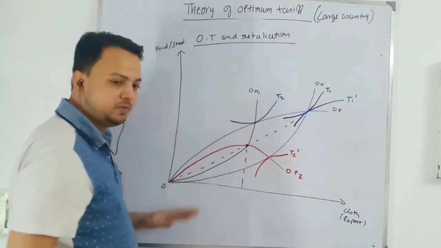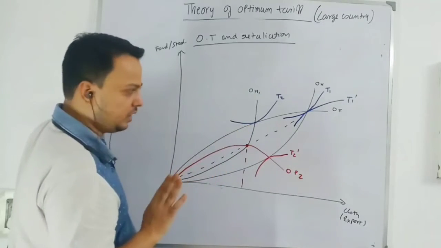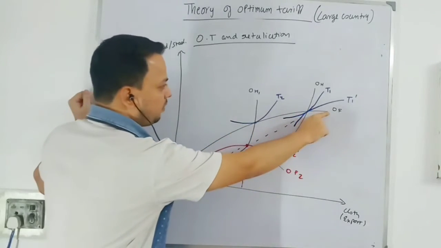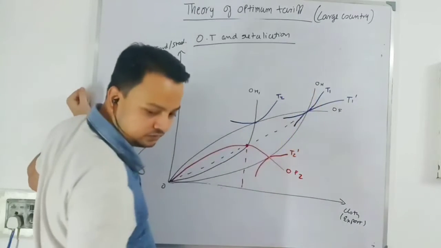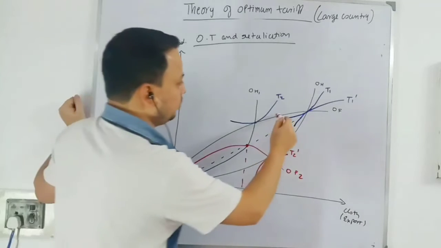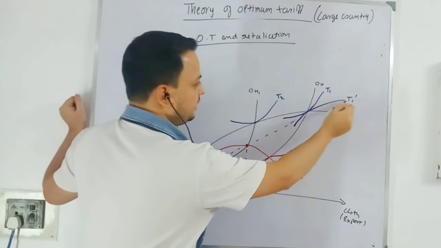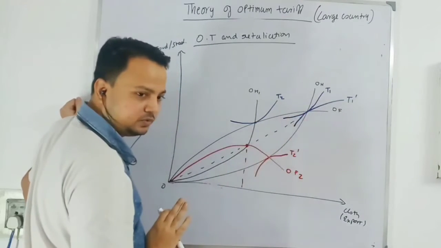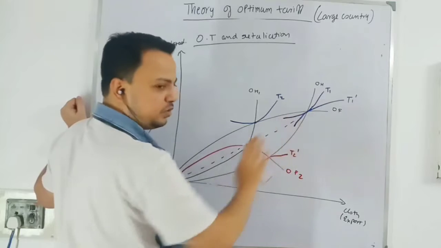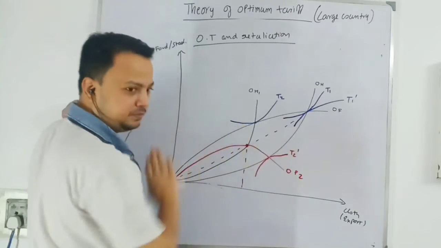So how will we look at this picture? Look at this graph and understand one more time. This is the offer curve of the foreign country, and this is the offer curve of the home country. This is the trade indifference curve of the home country, and this is the trade indifference curve of the foreign country. It starts from this position, or you can say the free trade position. Suppose the home country wants to set the optimum tariff.